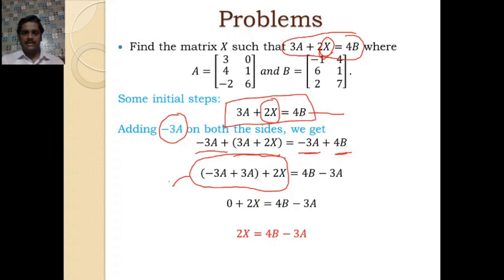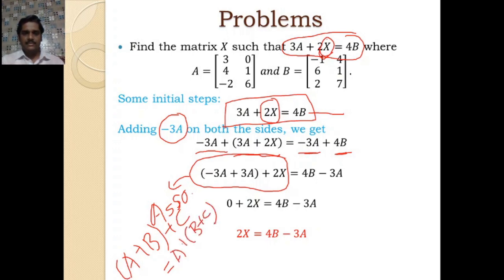This is happening because of that associative law. What was the associative law? Your associative law was (a plus b) plus c is equals to a plus (b plus c). Your associative law says the bracket is no more important if there is a matrix addition happening.